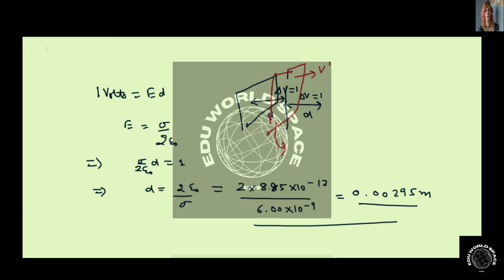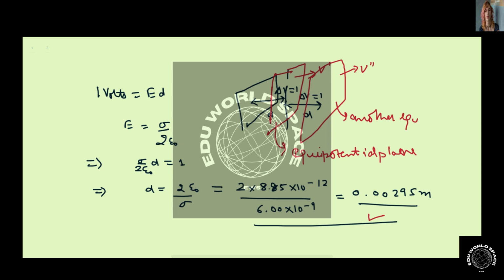So this is your equipotential plane, at a distance d from the surface of the sheet of charge, which is equal to this one. Then we have another plane, which has, let's say, V double prime. This is another equipotential surface.